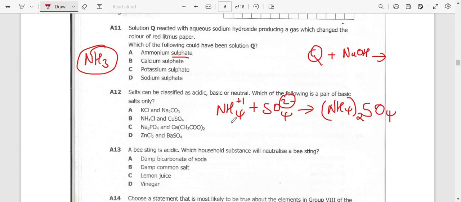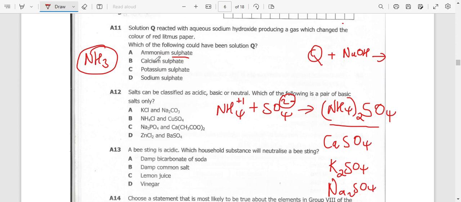So this is what you are going to have, ammonium sulfate, (NH4)2SO4. Now, ammonium sulfate is a salt. And then if you look at calcium sulfate, this is written like this, calcium sulfate like that. And then you have got potassium sulfate, like that. And then you have got sodium sulfate.